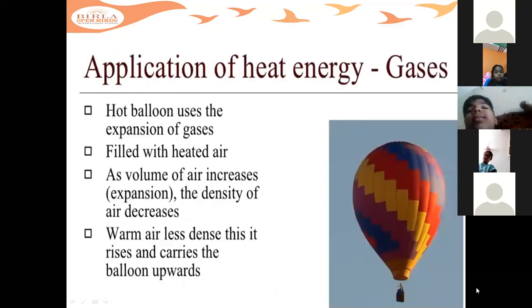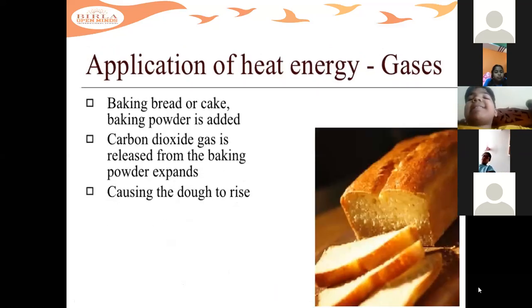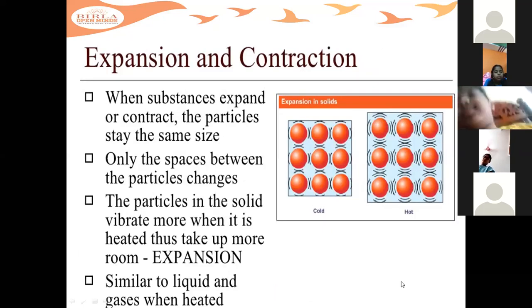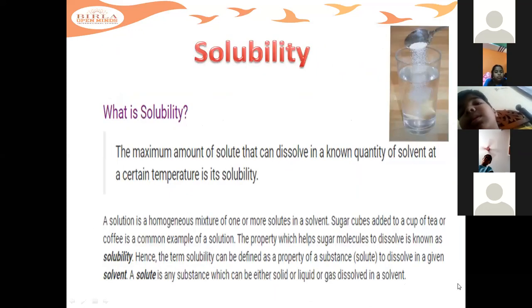Okay, so is this clear, children? We have already discussed all these applications of liquids, solids and gases. So we were discussing solubility. This is our last topic of this week 2.